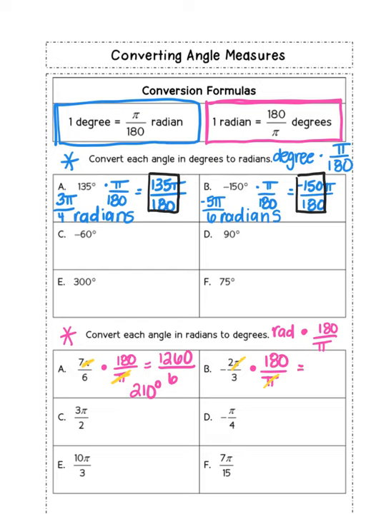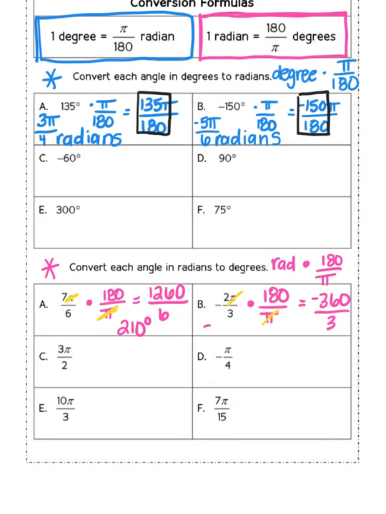So negative 2 times 180 is going to give me negative 360 degrees divided by 3. Negative 360 divided by 3 is going to give me negative 120 degrees as my degree measurement.